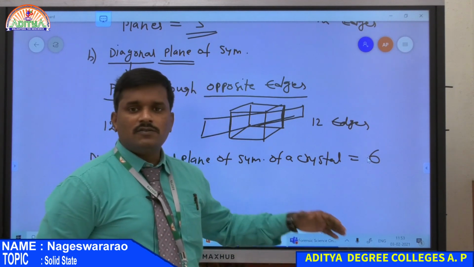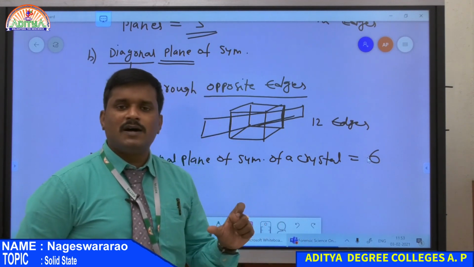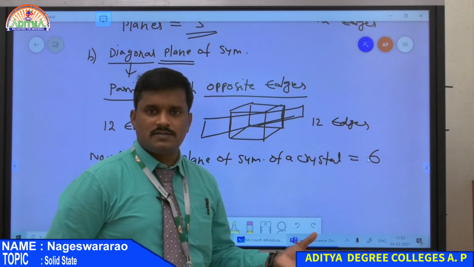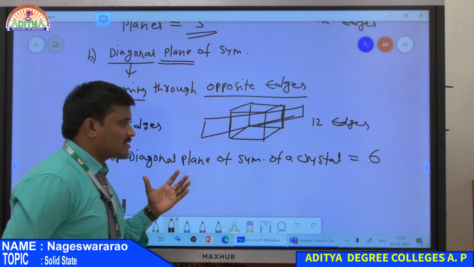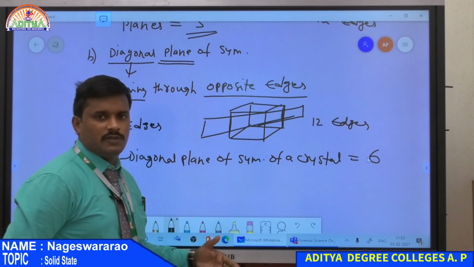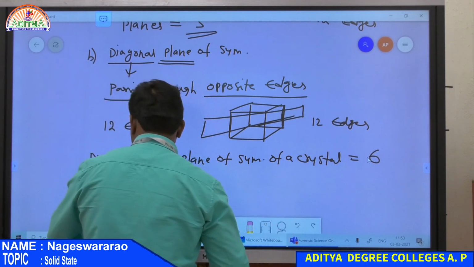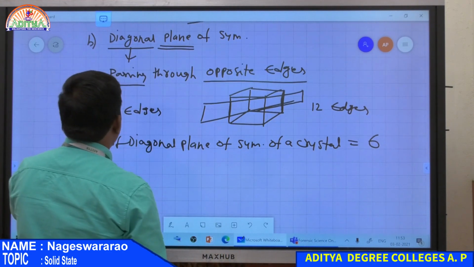So out of 12 edges, each plane is passing through 2 opposite edges. Therefore the number of possible diagonal planes of symmetry for a crystal is equal to 12 by 2, that is equal to 6. So this is all about plane of symmetry.